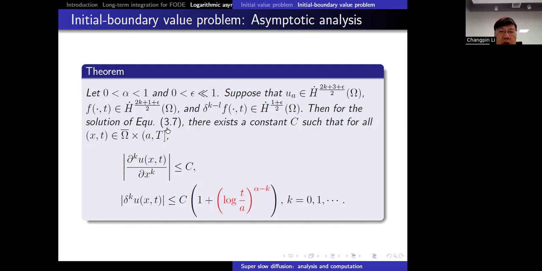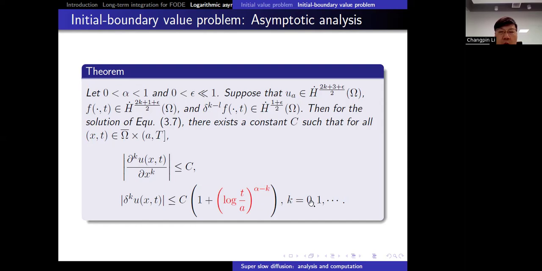Then the equation 3.7 has only a unique solution and satisfies the following inequalities. This means space regularity, and this is time regularity of the solution.